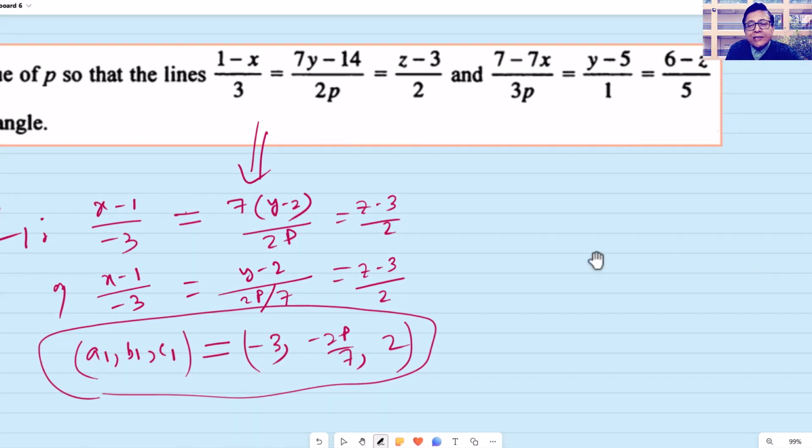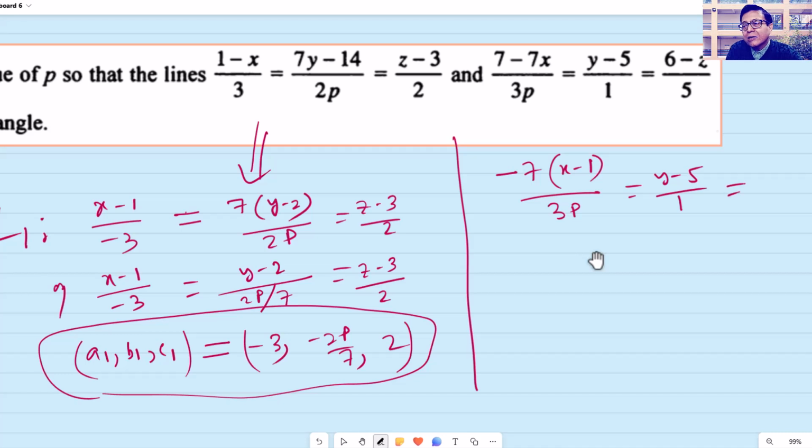Now for the second line, for L2, here again you take -7 common in the beginning. So it will be x minus 1 by 3p, y minus 5 by 1. Take minus common from here, -1, we have taken common.